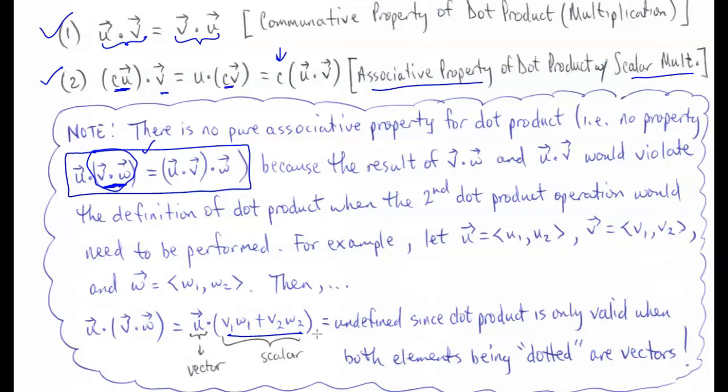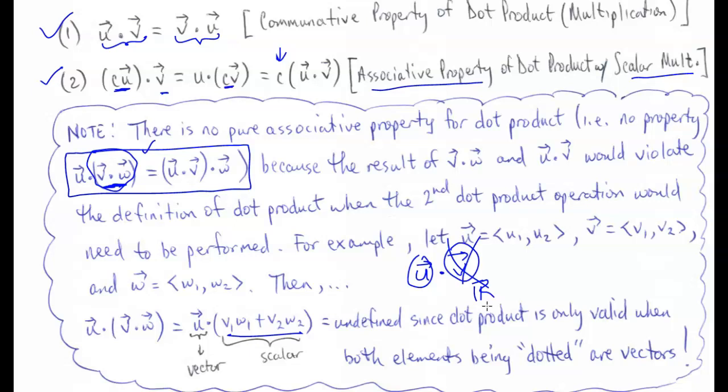And if I take a scalar and try to dot it with a vector, that doesn't make sense to the dot product operation, because remember, whenever we say u dot v, we know that both of these are vectors, and that's how it's defined. The dot product can't do anything with this if this is actually a real number. Okay, it looks at it and says, I don't know what that is, so I can't work with it.